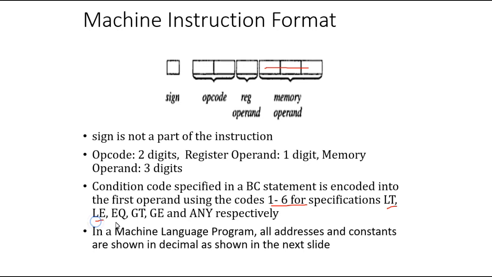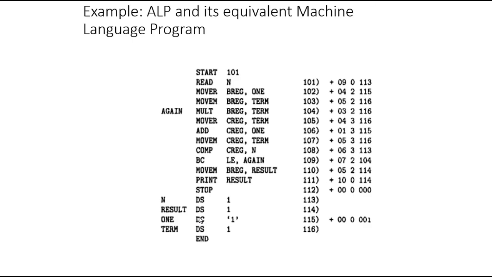LE less than or equal to, EQ means equal to, GT greater than, and we can represent all these things. In a machine language program, all addresses and constants are shown in decimal. Okay, you have it shown in this table. Decimal values can be placed as decimal.